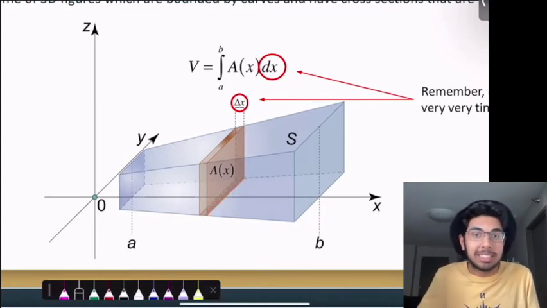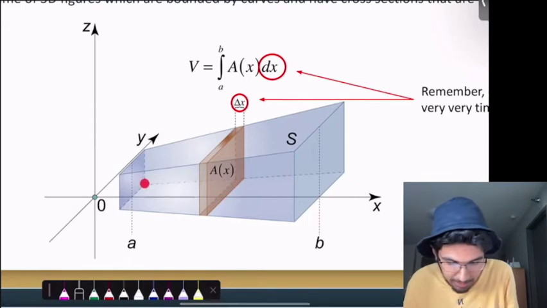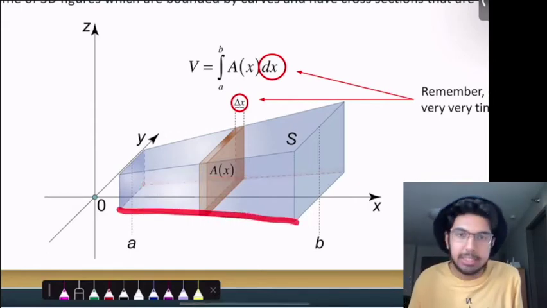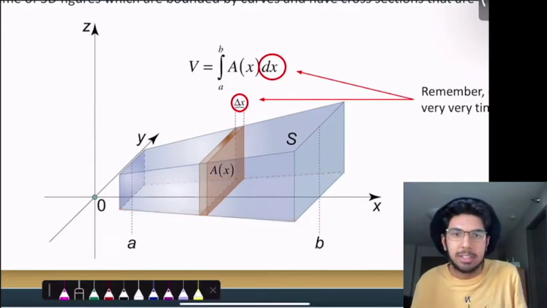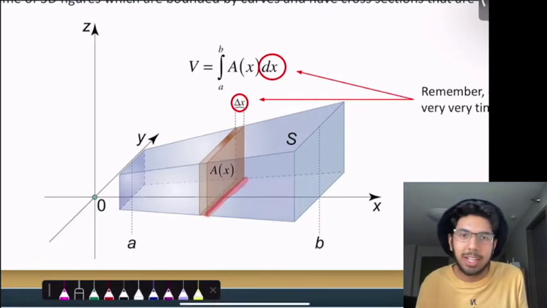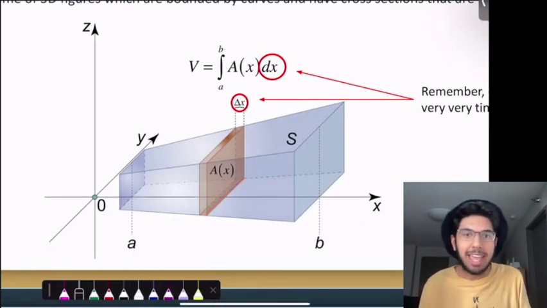How do we get the side length? In this case, it's the distance between this line in the back and this line in the front. The distance between those two lines is this red line, which is the side length. So the side length squared will give us A of x.